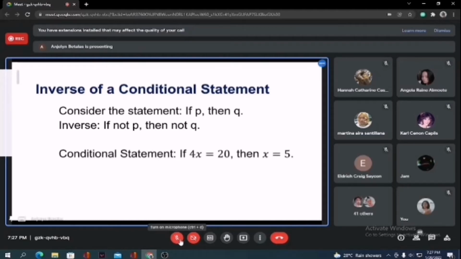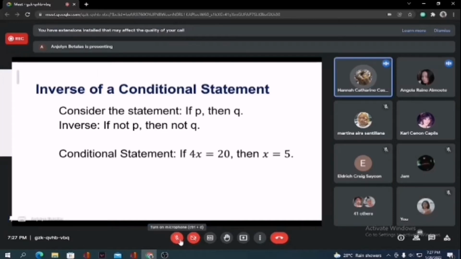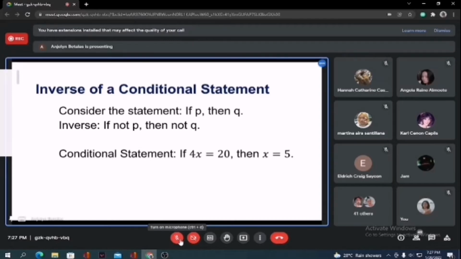Let's see. Okay, kini. Conditional statement: if 4x equals 20, then x is 5. Sige, unsa kaya inverse ani? Anybody? If not 4x equals 20, then not x equals 5. Okay, good. How about the others?